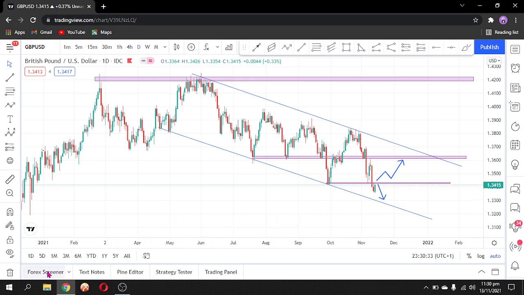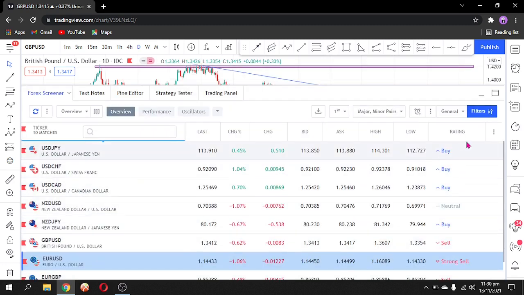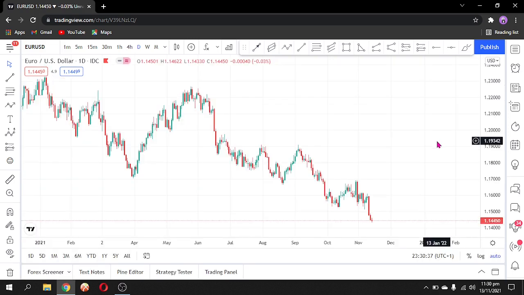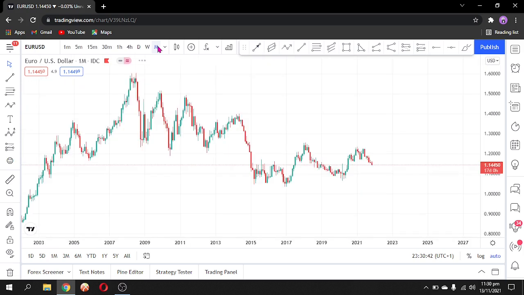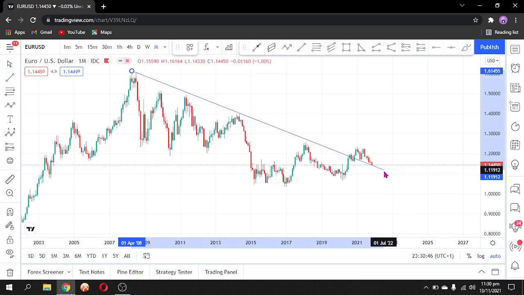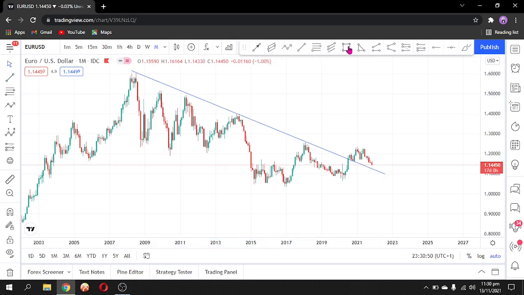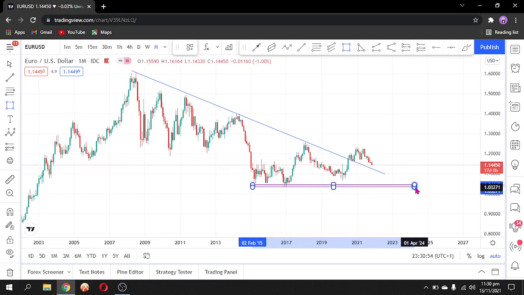The next currency pair we will be looking at is the Euro USD. On the monthly time frame we have a bearish trend line that has been broken, and a significant support.